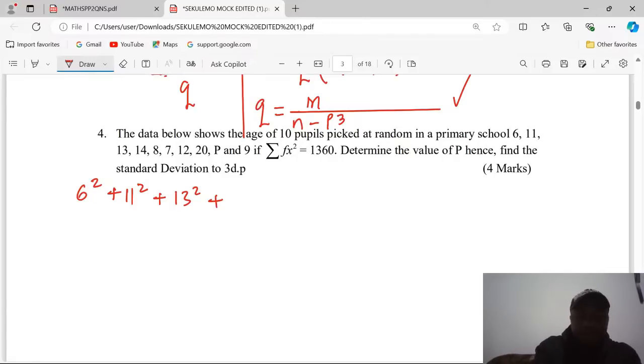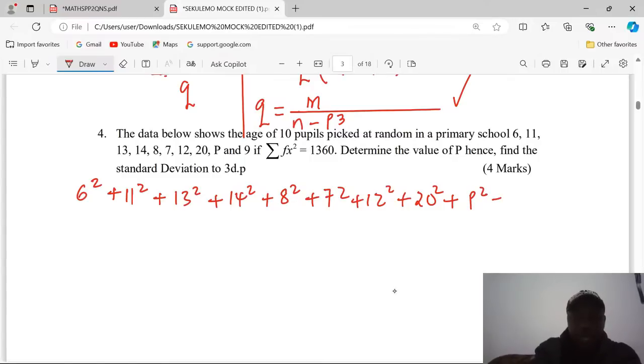So 6, 11, 13, 14, 8, 7, 12, 20. P should also be squared, and 9 should also be squared. They are all supposed to give us 1360.